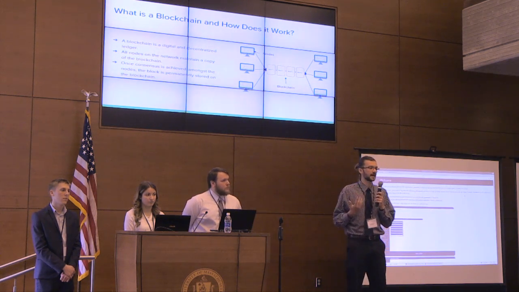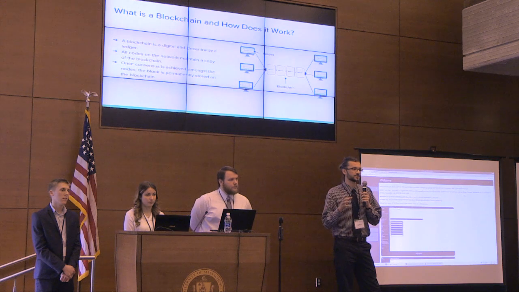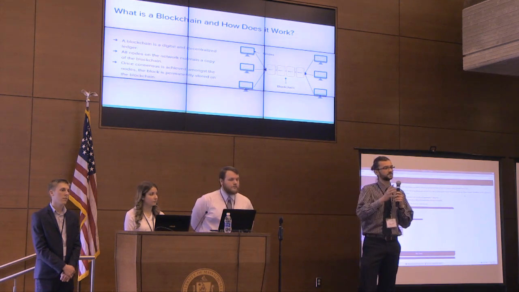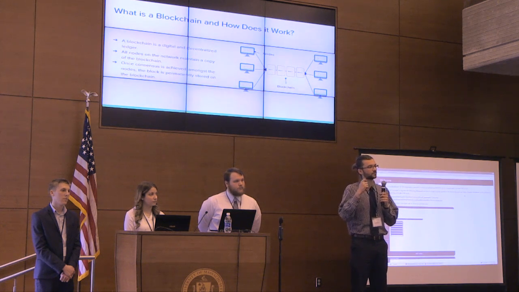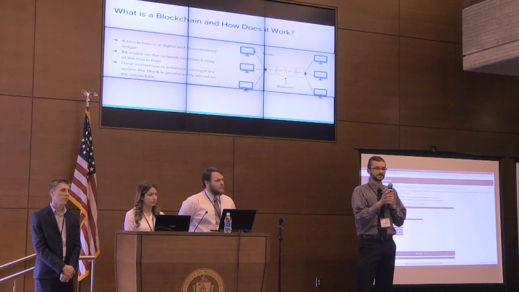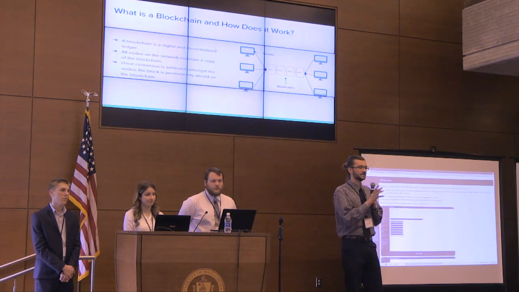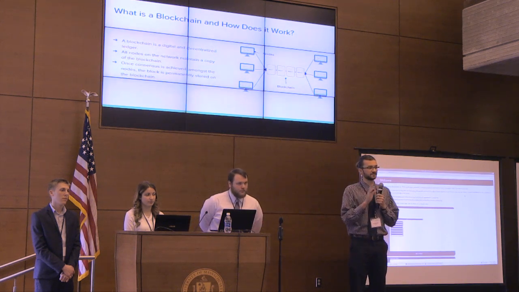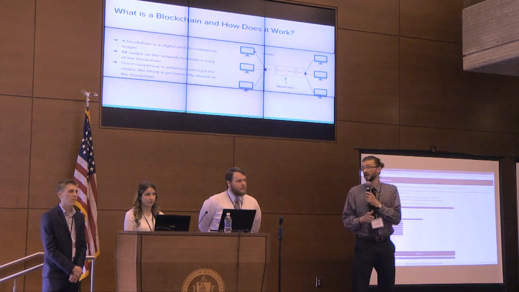But with this consensus algorithm, each computer is going to take the block that's being added, and they're going to perform some operations that ensure that that block is valid and all the information being added to that blockchain is true and doesn't tamper with any of the information that has previously been on that blockchain.